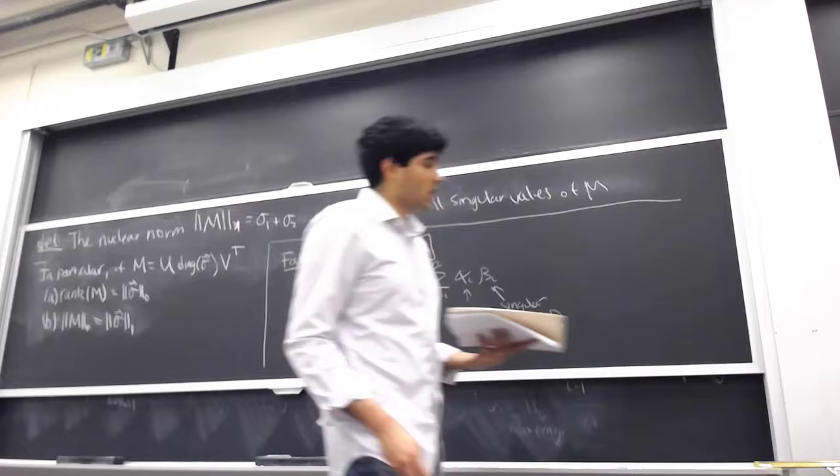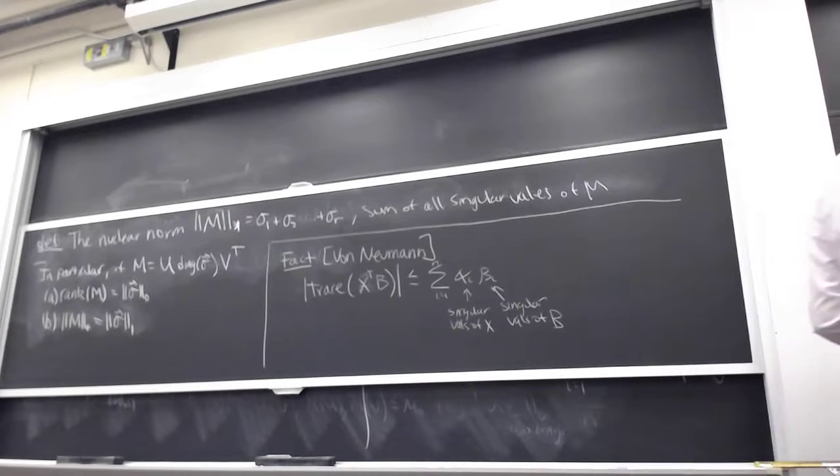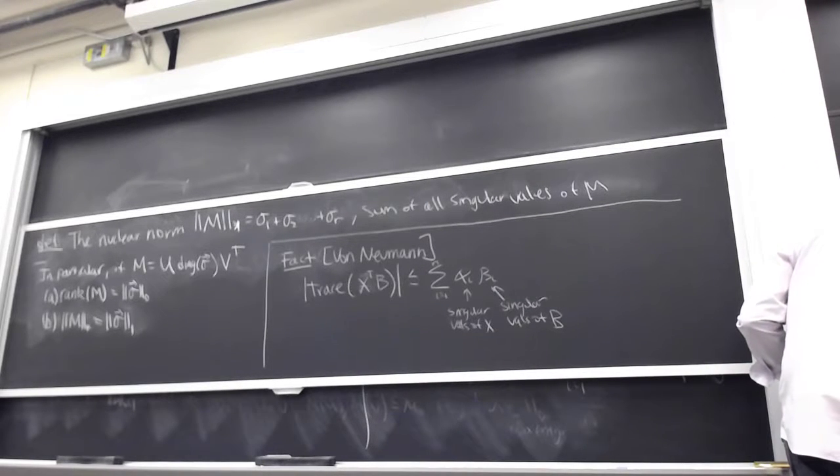So now we're in great shape, because the other side of this inequality is just that the inner product between any X and B is now at most the sum of these alpha i's and beta i's.